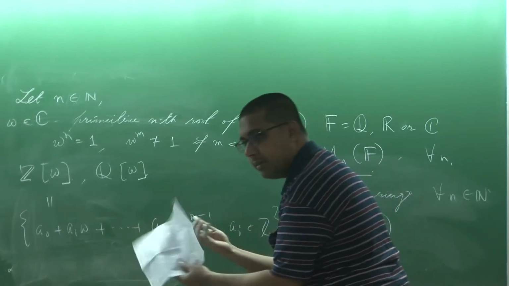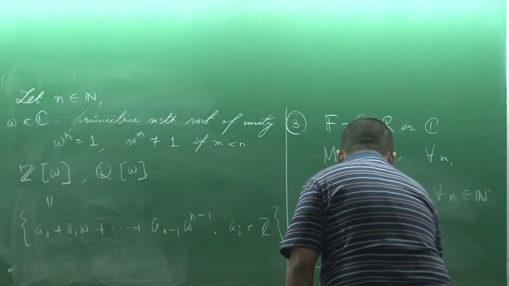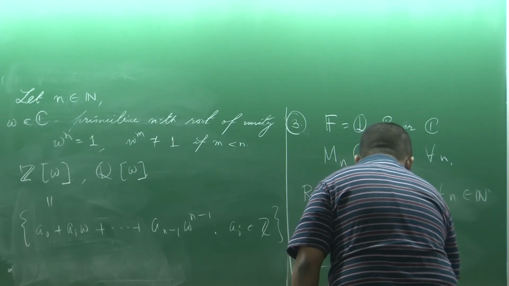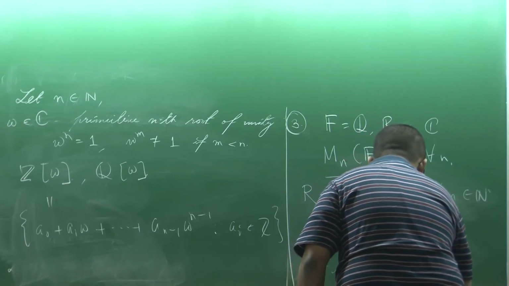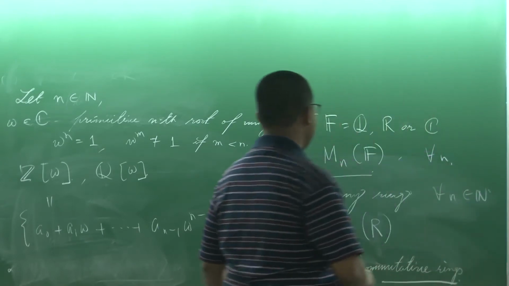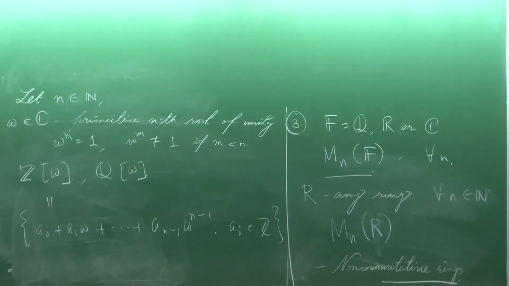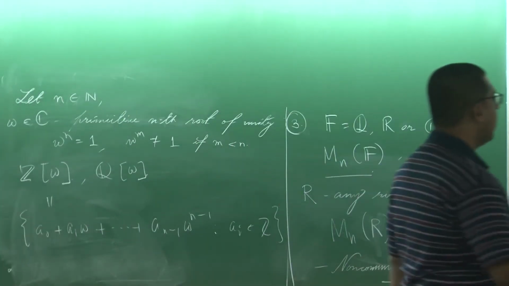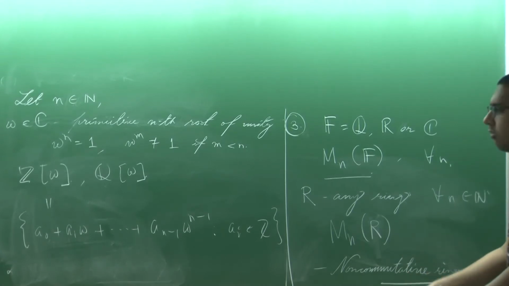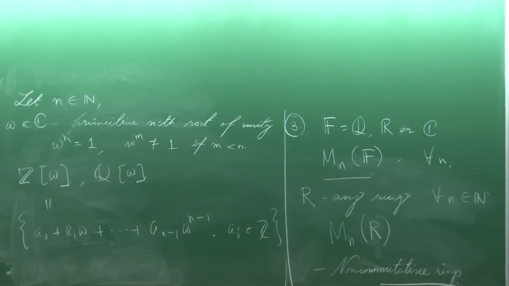That is because matrix multiplications do not commute. In fact, this is one of the most frequently encountered non-commutative rings.